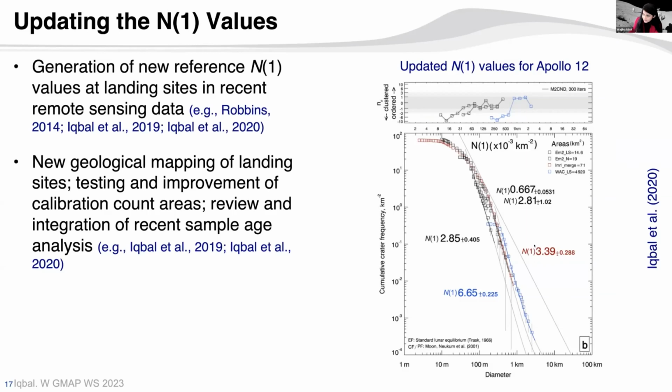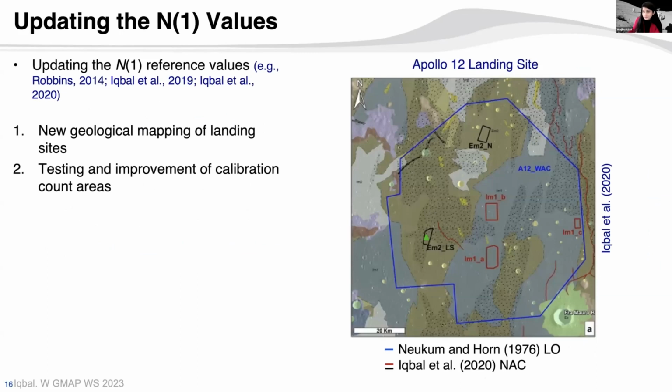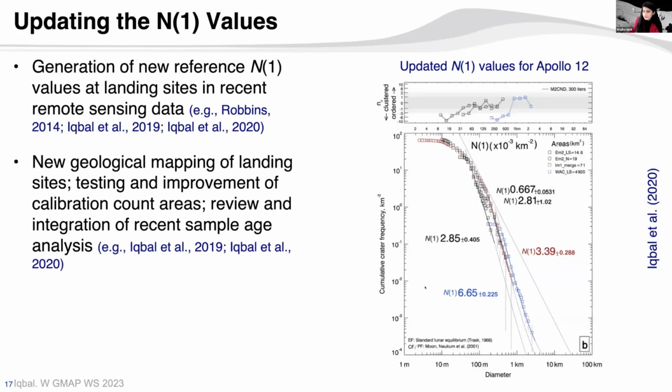And again, these N values roughly represent the crater density of this unit, which shows the amount of craters formed at a certain age. And when we look at this blue area, it gives us a totally different N value, which was probably a reason that we needed to fine-tune these values with new geological maps.